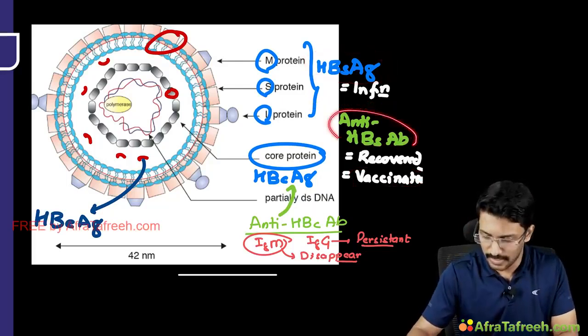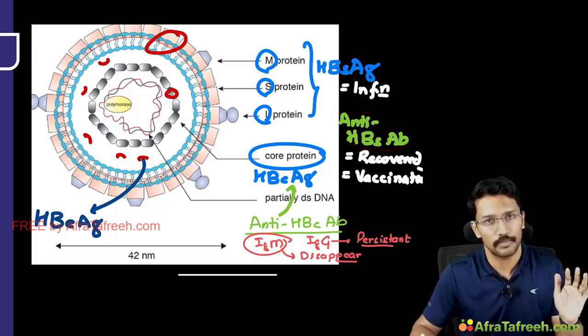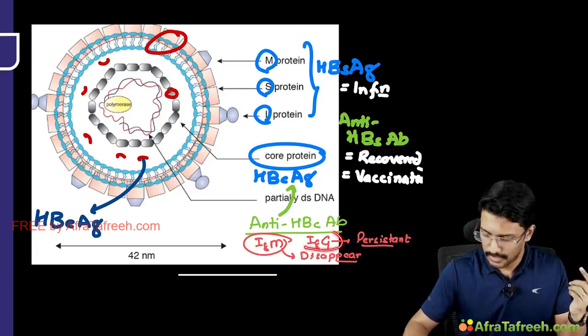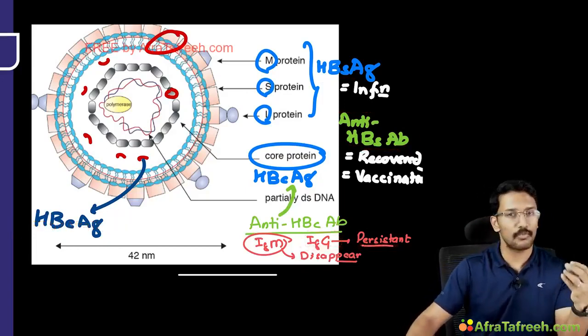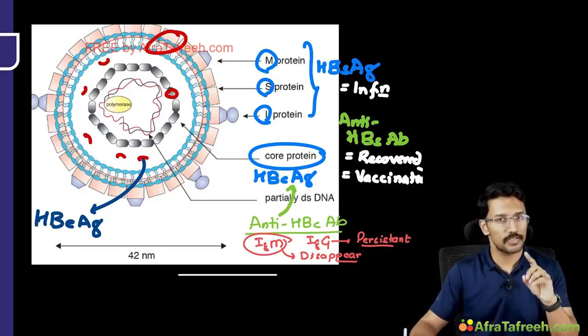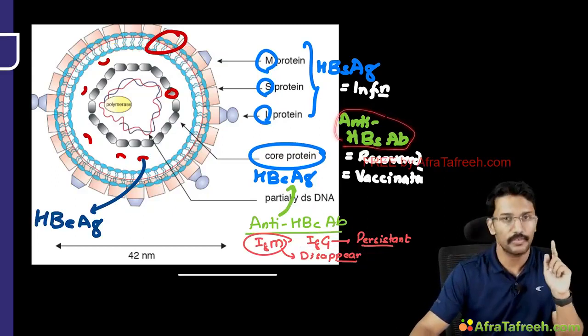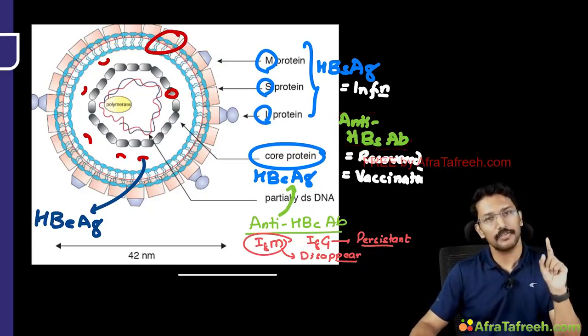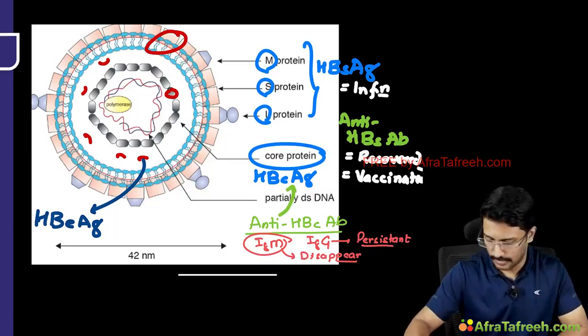The moment HBs antibody came, the HBs antigen would have disappeared. But this IgG is a persistent antibody, right? So if you have an anti-HBc antibody positive, which is of IgG type, and patient has anti-HBs antibody positive, it says the patient had a past infection, right? Clear? So we know the profile now.